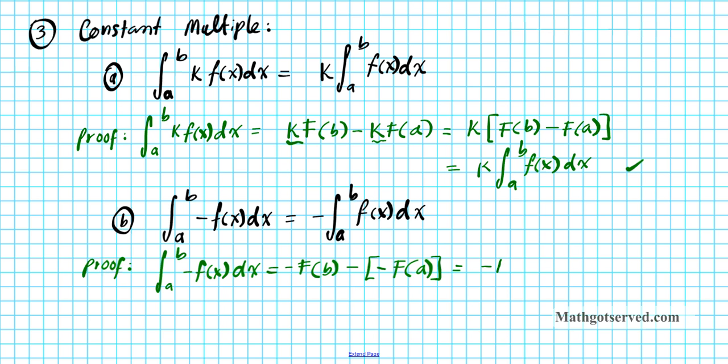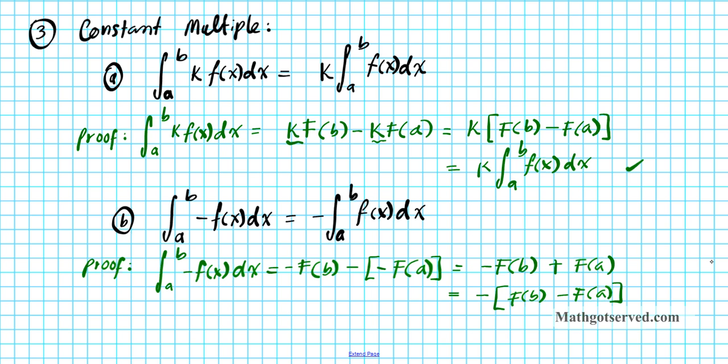Okay, now let's resolve the signs here. We have negative antiderivative of f at b plus antiderivative of f at a. Now let's factor out the minus from these two antiderivatives. So we're going to have minus bracket antiderivative of f at b minus antiderivative of f at a.